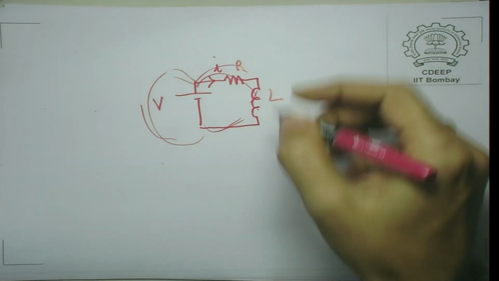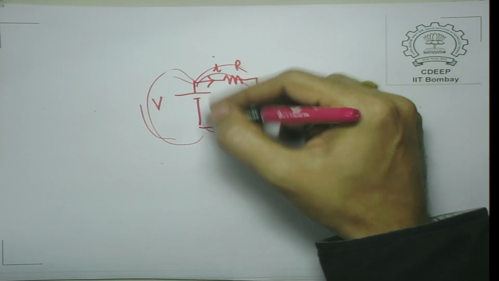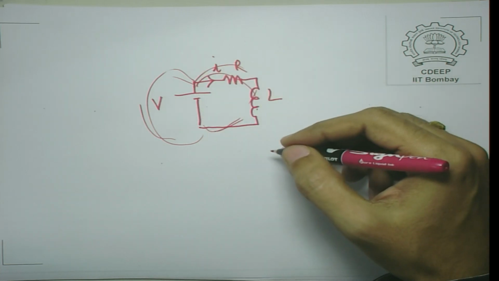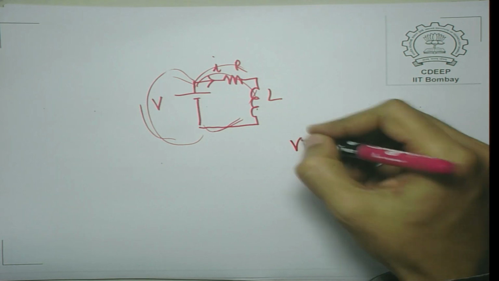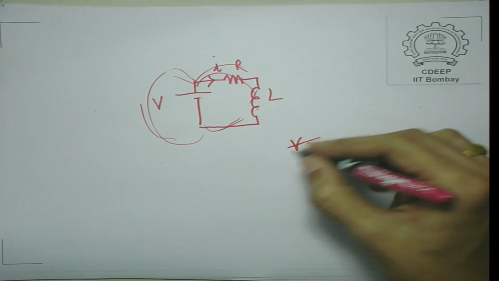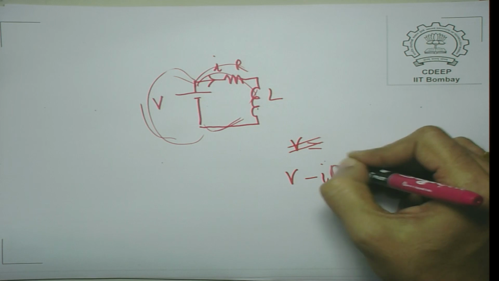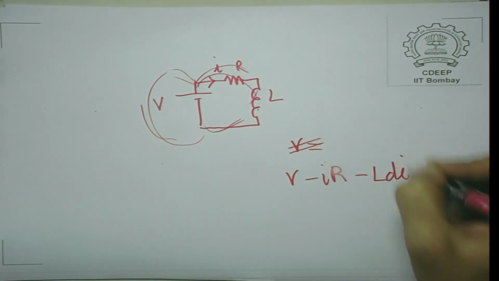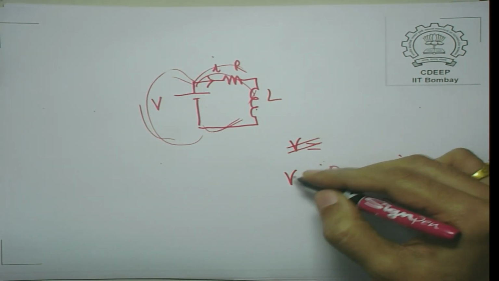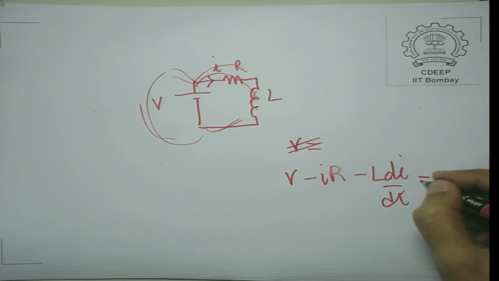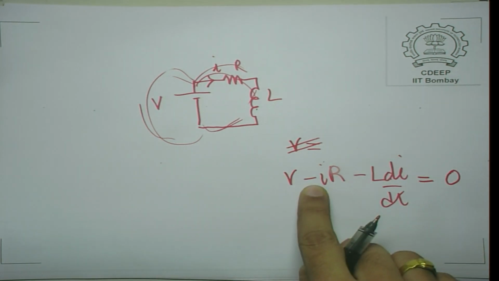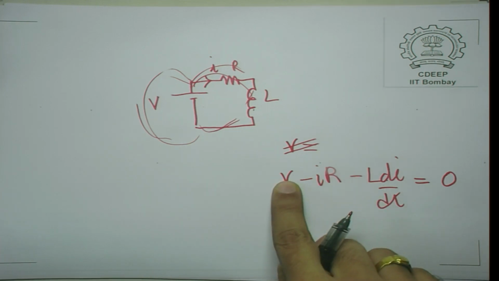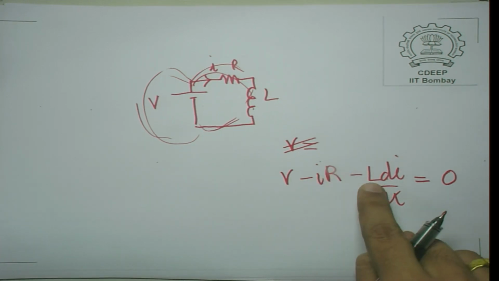So, these are the sources, and these effectively also cause electrical fields in certain areas. Once you apply Kirchhoff's voltage law, all we have to do is write the equation. Once you have an electrical field, you can define a voltage rise, and you get V minus IR minus L di by dt equal to 0, because V is a voltage rise, and IR and L di by dt are voltage drops.